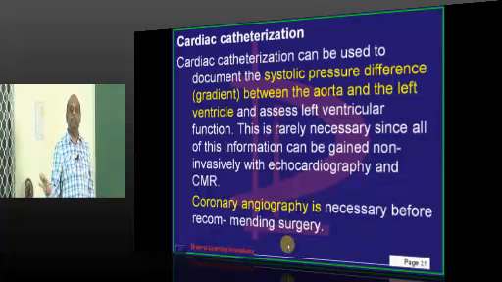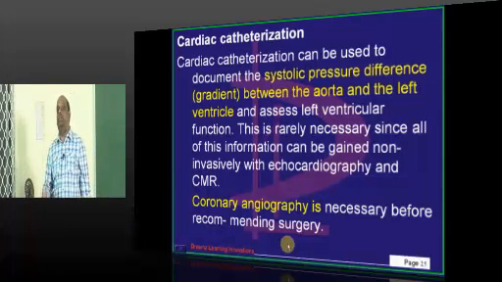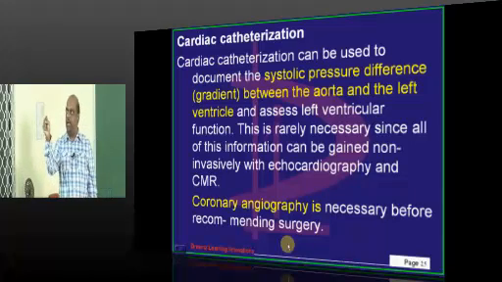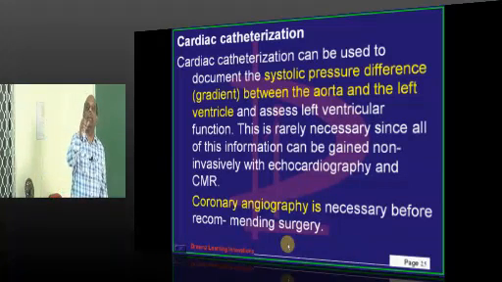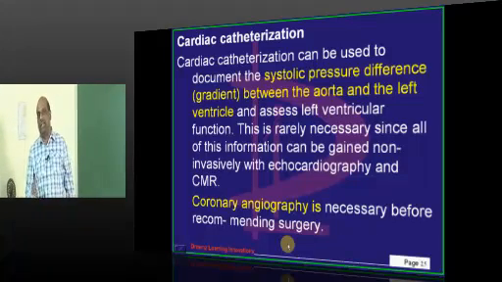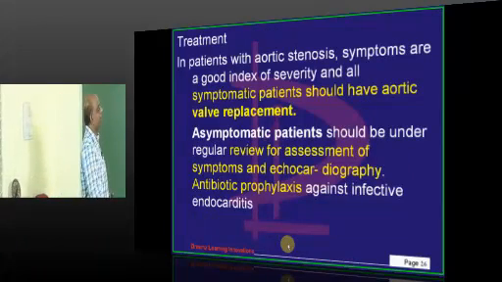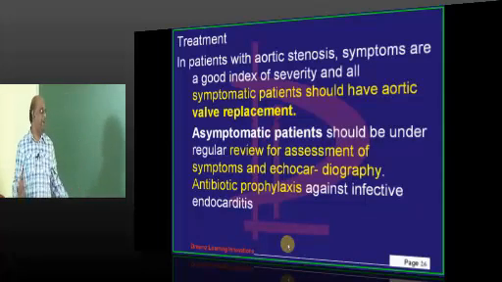That's the reason it is a common practice to also do coronary arteriography to know whether there is any coronary vessel occlusion before you do the aortic valve repair in a case of aortic stenosis, is what you have to ultimately remember. Now, how do you basically treat?